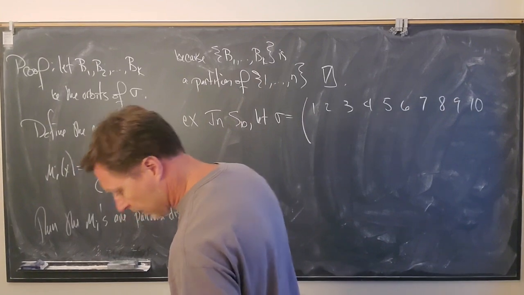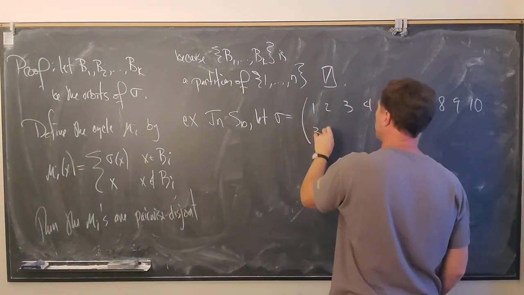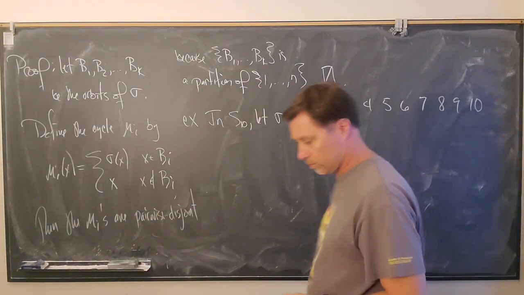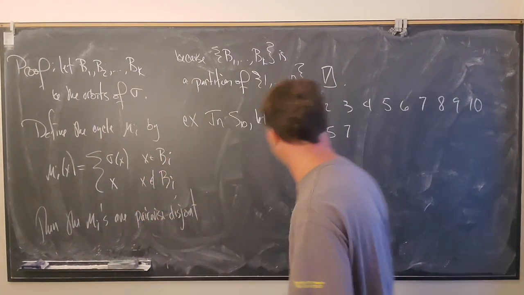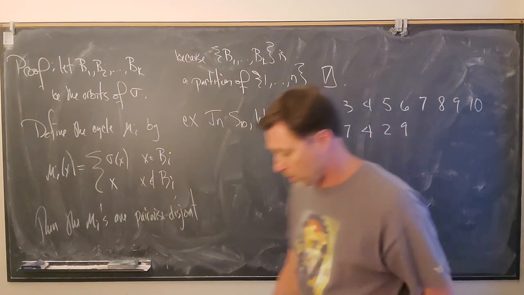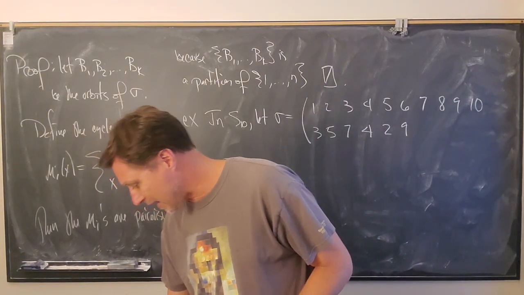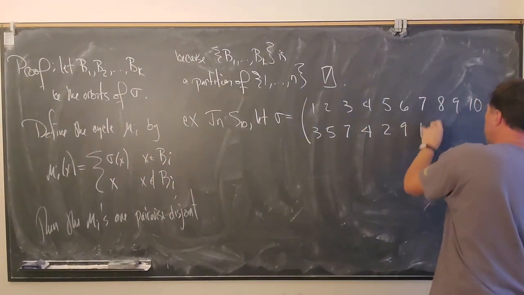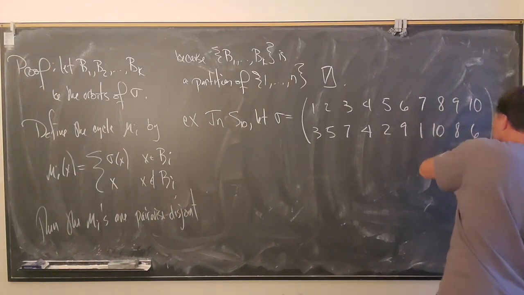And then I'm going to have 3, 5, 7, 4, 2, 9, 1, 10, 8, 6.